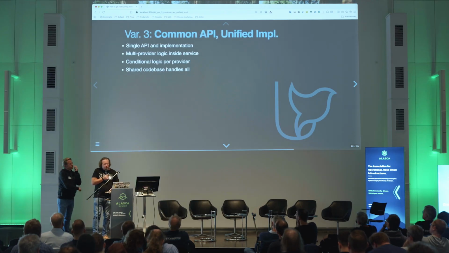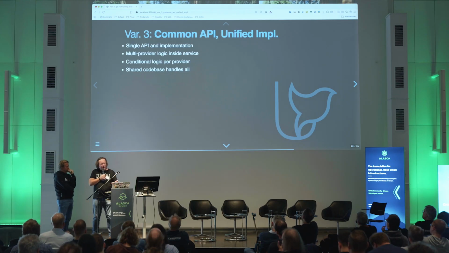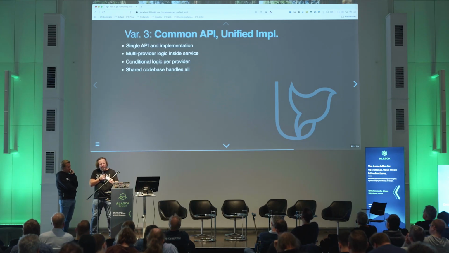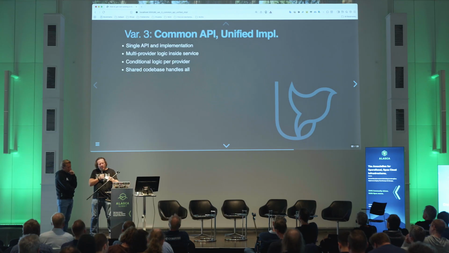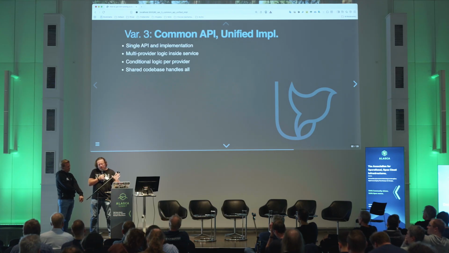The solution we finally chose is this one. We have a common API and a unified implementation. So we have one accounting service, which can grab data from the different providers, which was possible in this case because OpenStack to some degree is a superset of the facilities of GridScale.